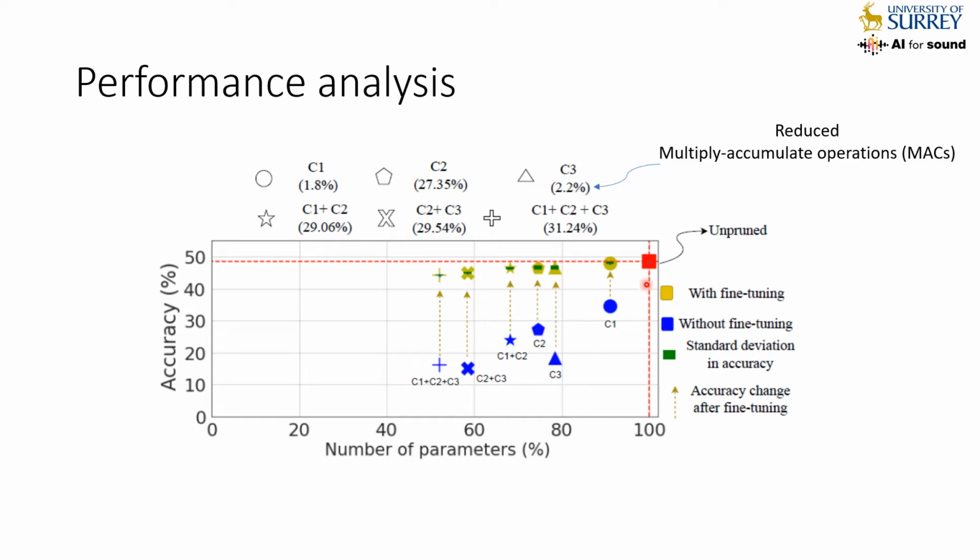So we find that there's a decrement of accuracy after pruning the network. And after performing the fine-tuning, most of the accuracy is regained at fewer parameters.